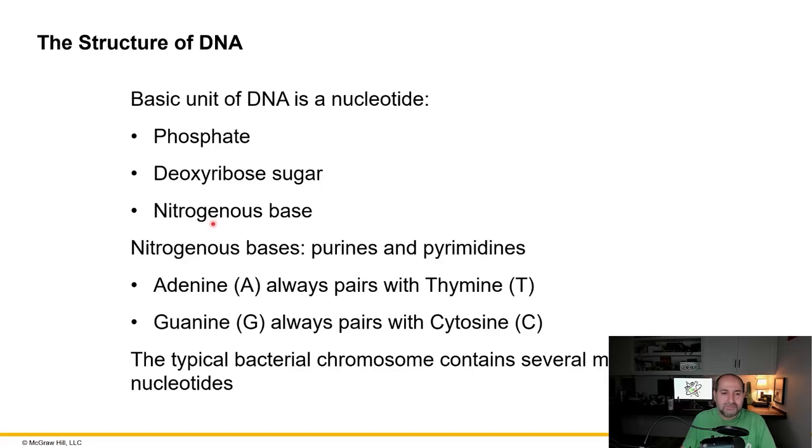The nitrogenous base can exist as adenine, or A for short, thymine, or T for short, guanine, or G for short, or cytosine, C for short. These are the letters that make up the genetic code, and they are different versions of nitrogenous bases on these nucleotides. And when you string nucleotides together, this is how you obtain a strand of DNA.